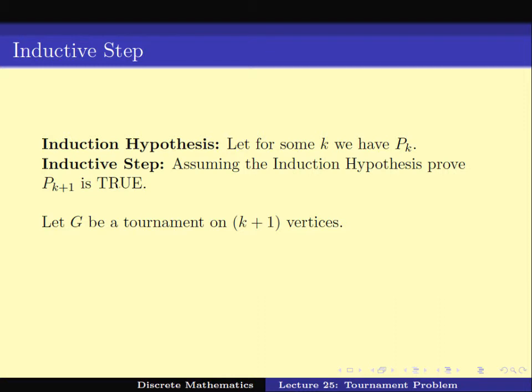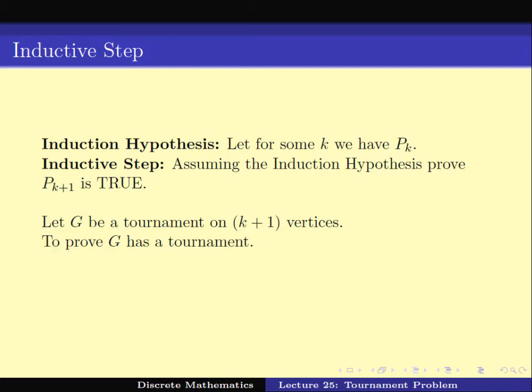Now, if we have to use the induction hypothesis, we have to reduce the problem into a smaller case. So how do we do it? If you remember the last problem that we did, which was this handshake problem, we picked up a pair of vertices of a particular kind and then inducted on that.